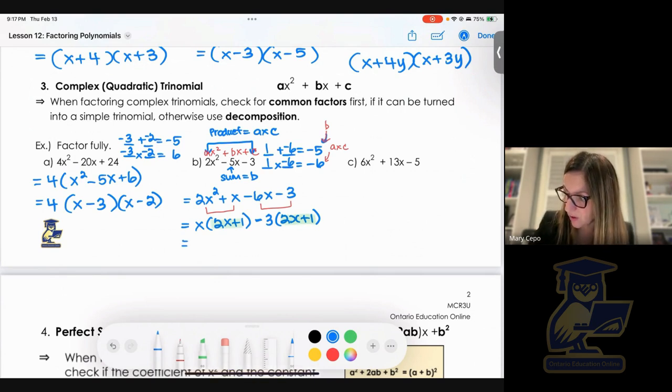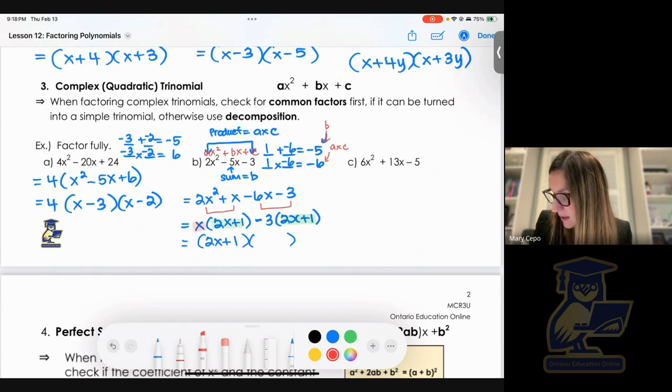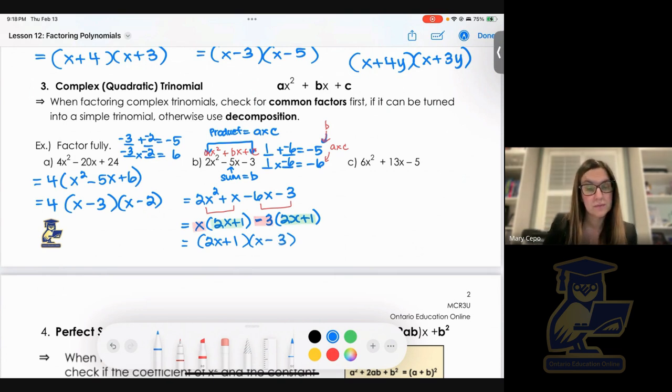So then I would create my double bubble. The common factor of 2x plus 1 would be the first binomial. And then in my second binomial, once I factor out that common factor, I'm left with x minus 3.